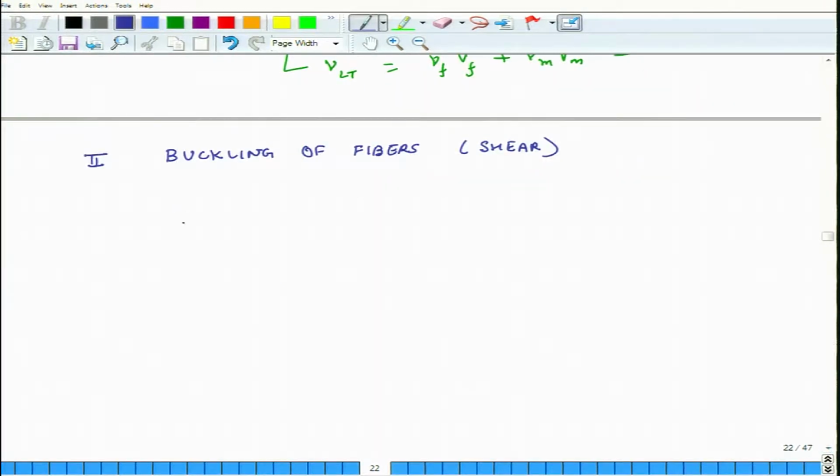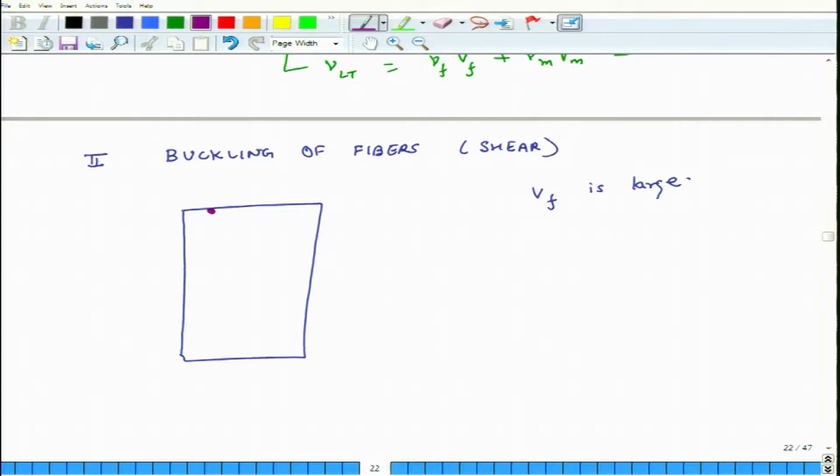So, consider the case when you have a large volume fraction. Suppose you have a fiber, and when the volume fraction is large, let us say this fiber buckles like this, and the next fiber to it is very close to it.